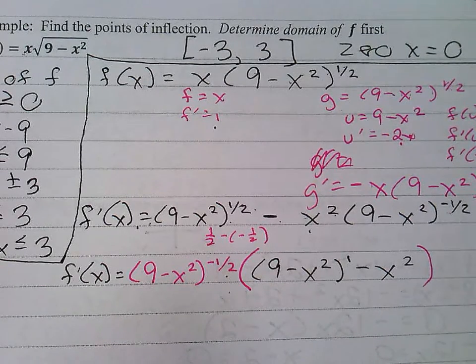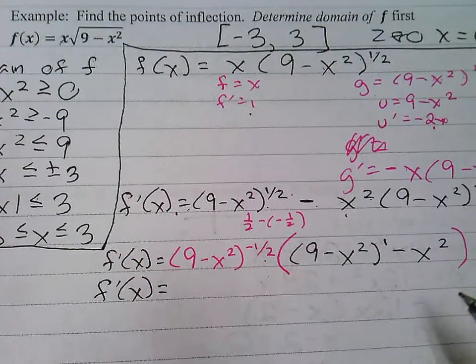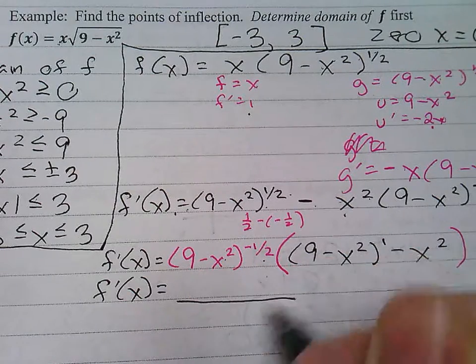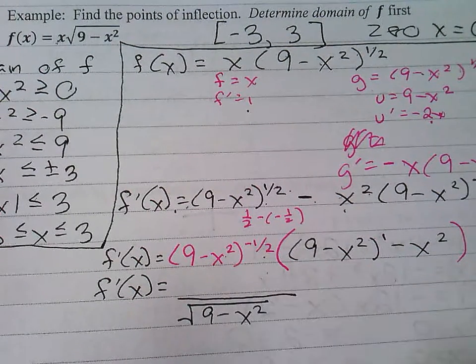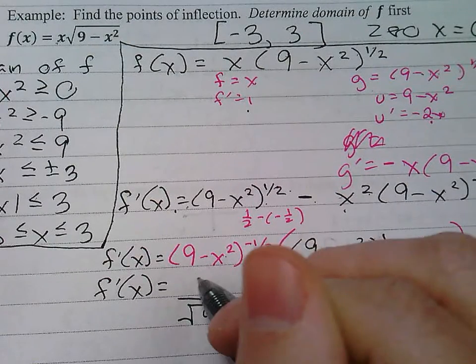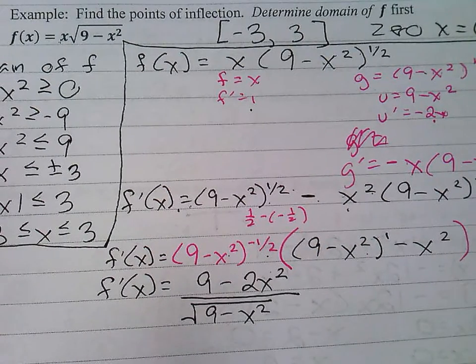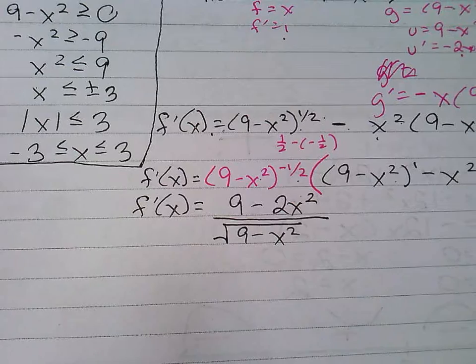F prime of x is going to be, I'm going to go ahead and put that on the bottom, 9 minus x squared, and then 9 minus x squared is negative 2x. So 9 minus 2x squared. Now, if you set f prime equal to 0, this would be where you would find your extrema.